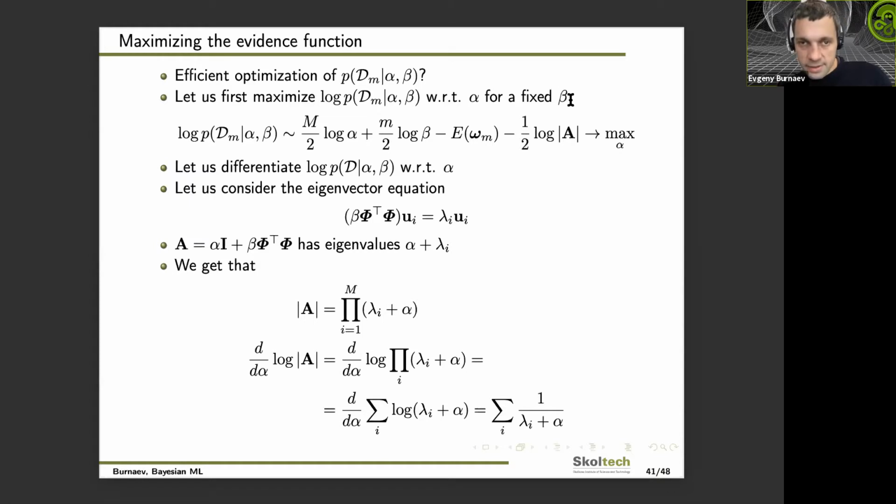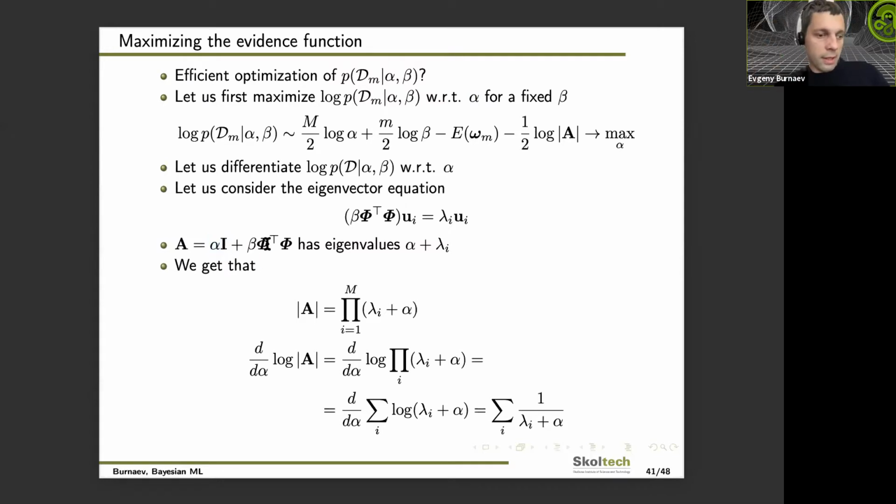Beta defines noise variance. In principle, we can perform some preliminary estimate of the noise variance and use it to define the beta. Concerning alpha, so actually alpha is the regularization parameter.